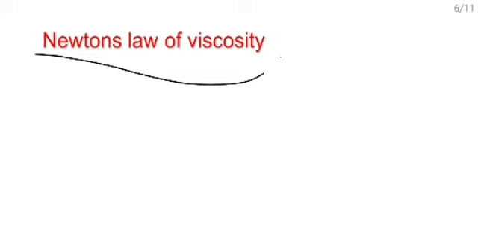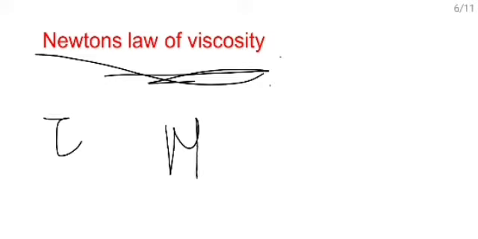I have already explained viscosity and how it works, giving the example of a river. That is, velocity decreases towards the bed, and Newton's law of viscosity explains the relation between the three terms which I told you in the beginning: shear stress, dynamic viscosity, and velocity gradient.